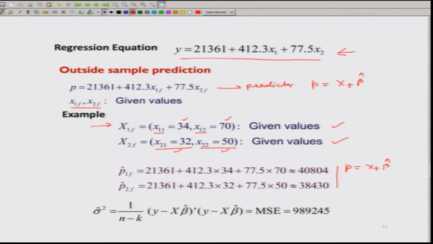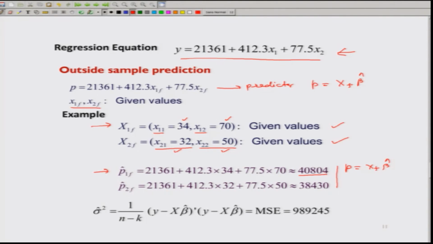So, I can say from the first value that when the temperature is 34 degrees and the humidity is high, say up to 70%, then the demand of water is going to be 40804 thousandths kiloliter.